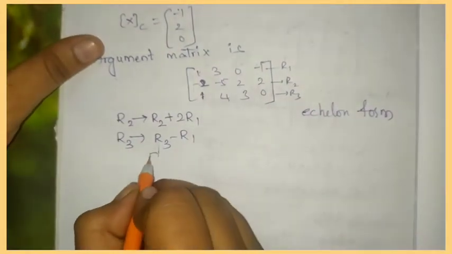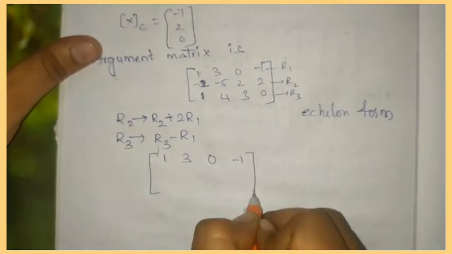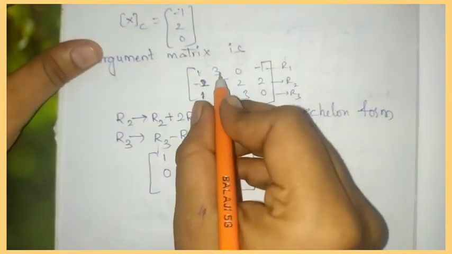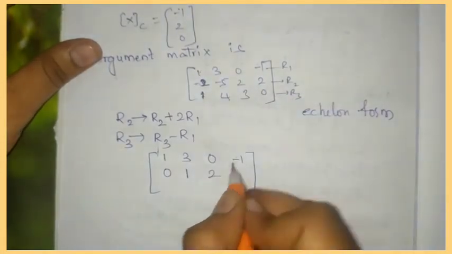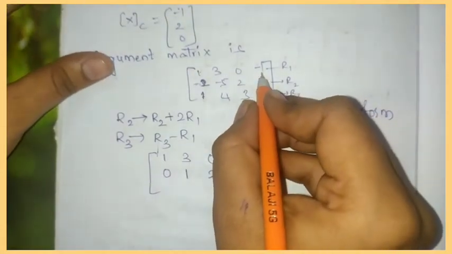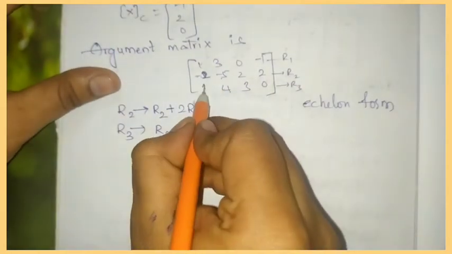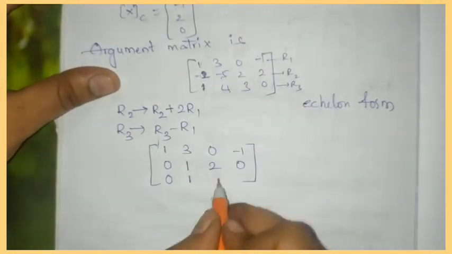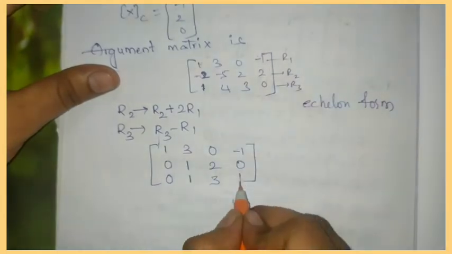Then we get this matrix as 1 3 0 minus 1, minus 2 plus 2 is 0, minus 5 plus 3 2s are 6 is 1, 2 and 2 minus 0. Next, 1 minus 1 is 0, 4 minus 3 is 1 and 3 minus 0 is 3. 0 minus of 1, it will be plus 1.